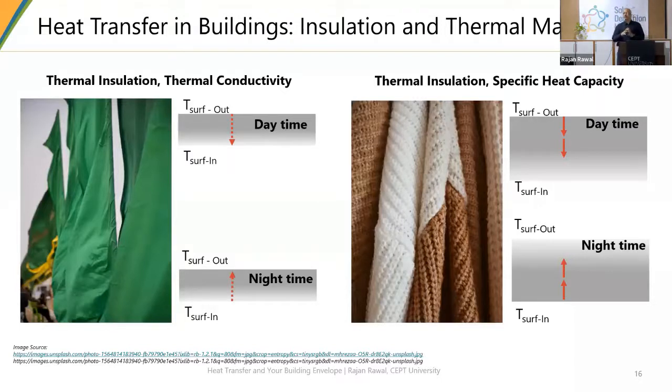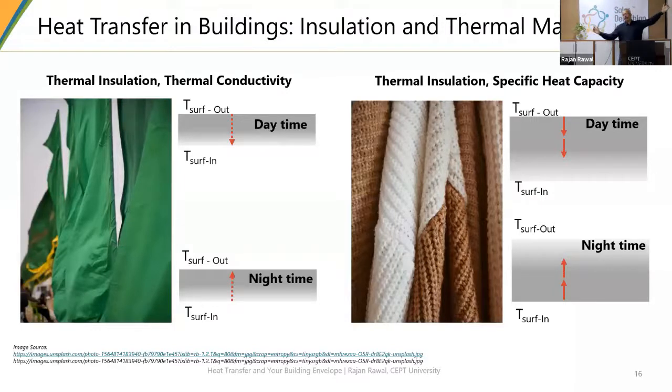Versus thermal mass, where the specific heat matters. Probably there is a typo here, instead of thermal insulation, it should be thermal mass in the second picture which you see here. It is like a kambal, where heat will penetrate inside, but because of the high mass, it will not reach the other side. So what happens in a Jaisalmer Haveli, where we say the internal temperature remains the same, is because of the thickness of the stone wall.